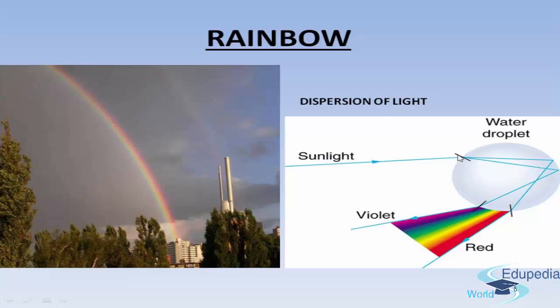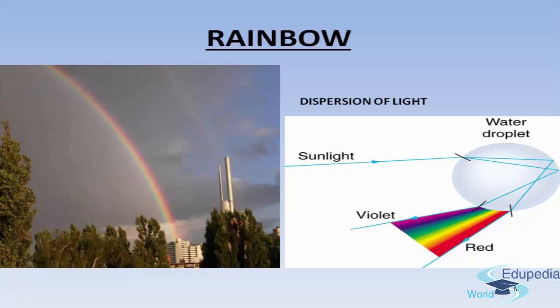So let's say we draw a normal at this point where the sunlight is in contact with the water droplet. Then the red light, as we learnt earlier, is deviated with a smaller angle as compared to the indigo light.